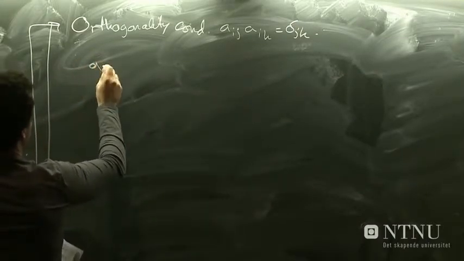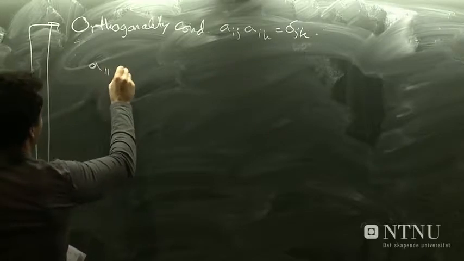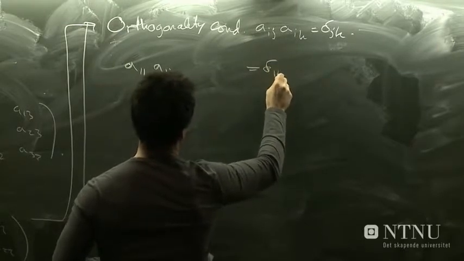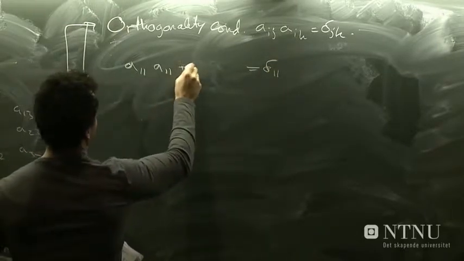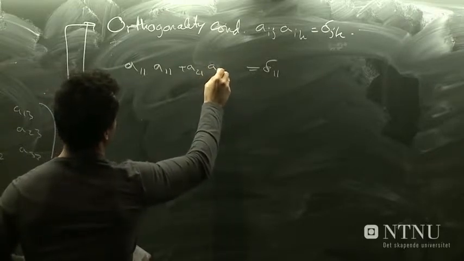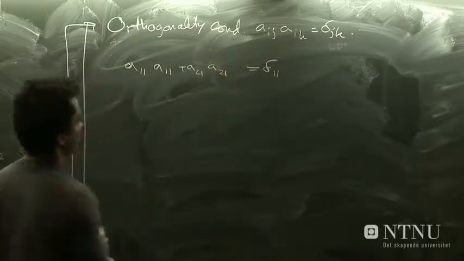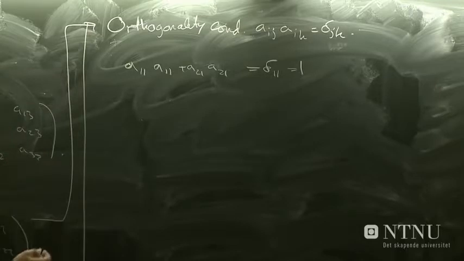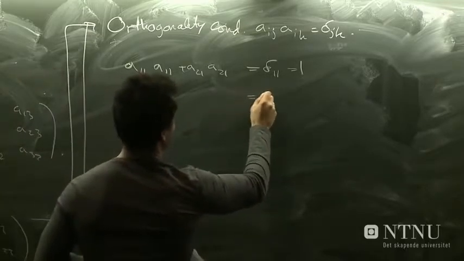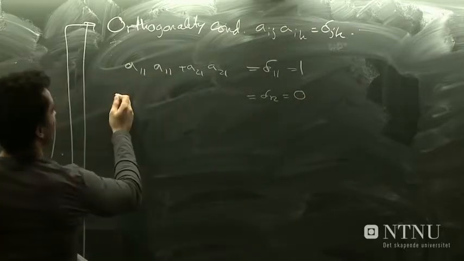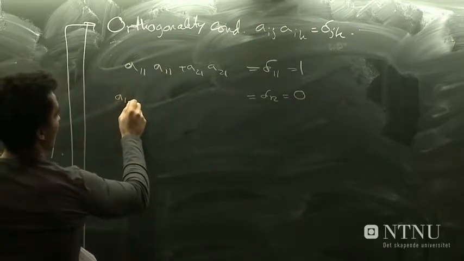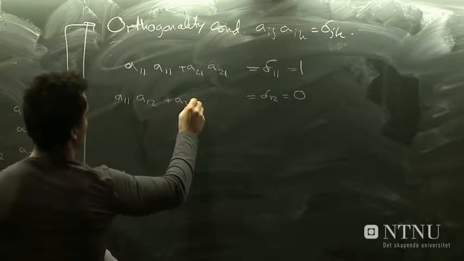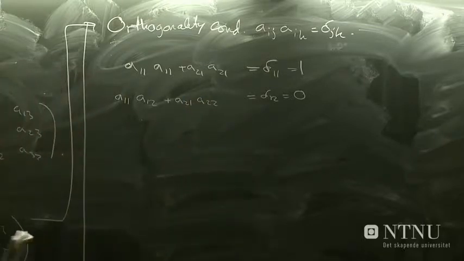So we have, for instance, A11 A11 plus A21 A21. This should be equal to delta 11, which is 1. Okay, so that's one condition. Next, delta 12. So we have A11 A12 plus A21 A22, like this.